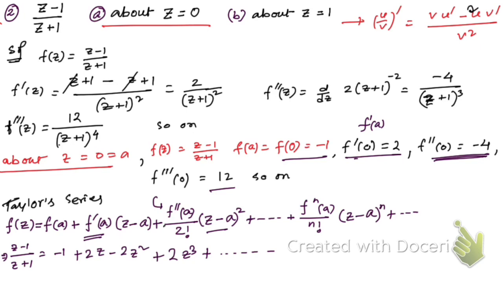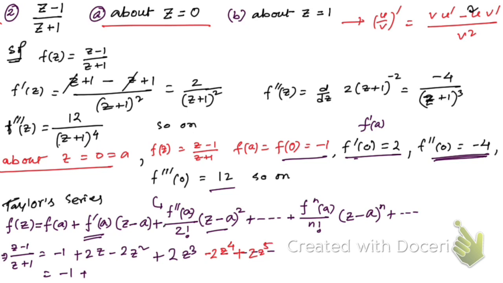Here you see we can write this as minus 1, and we can take the 2 common from each term. If you follow this pattern, the next term is going to be minus 2 into z to the power 4, then the next term plus 2 into z to the power 5, and so on.